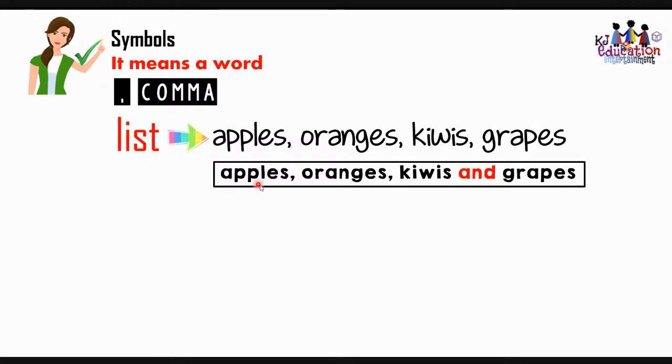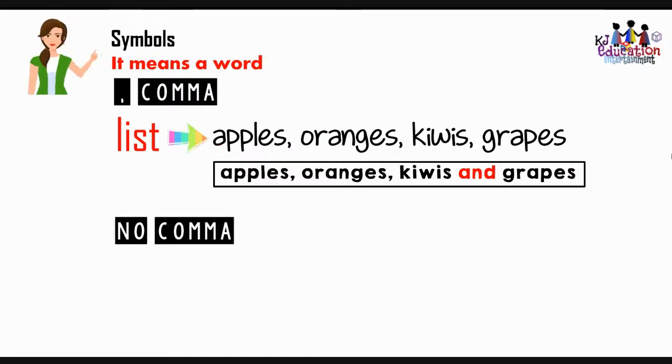Yes. The last comma over here is going to be the word and. So it's going to be apples, oranges, kiwis, and grapes. Remember, when it comes under a list and you're writing it in a sentence, this is how it is going to be written. This is how you're going to transfer your information. The next one.